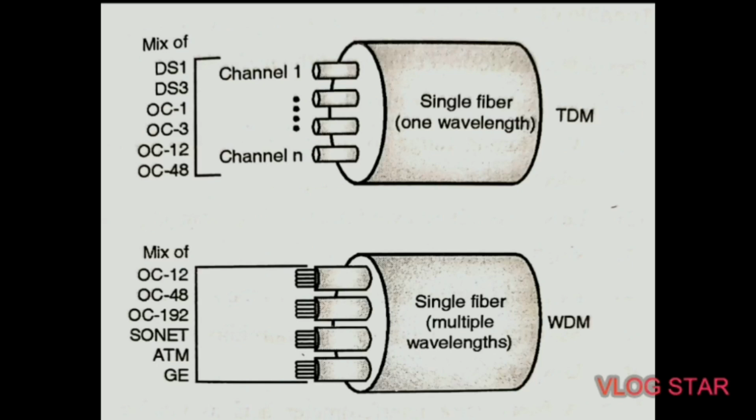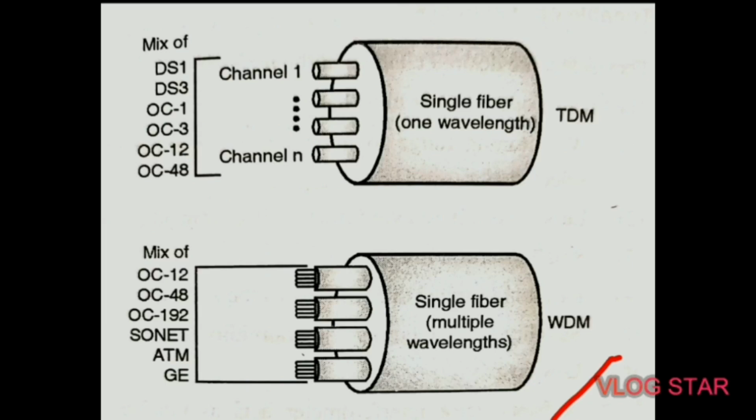WDM takes multiple optical signals, maps them to individual wavelengths and multiplexes the wavelengths over a single fiber. Another fundamental difference between the two technologies is that WDM can carry multiple protocols without a common signal format, while SONET cannot.